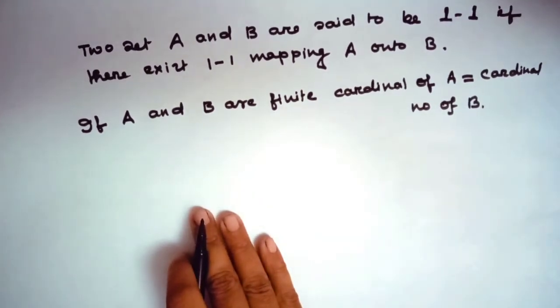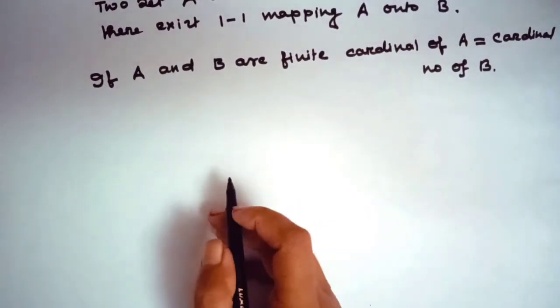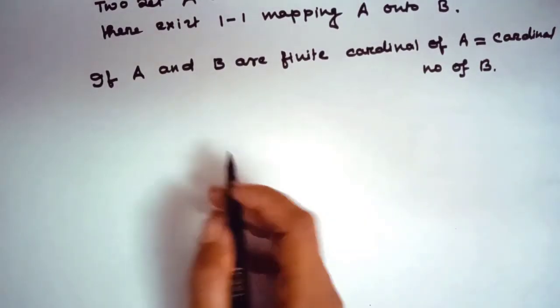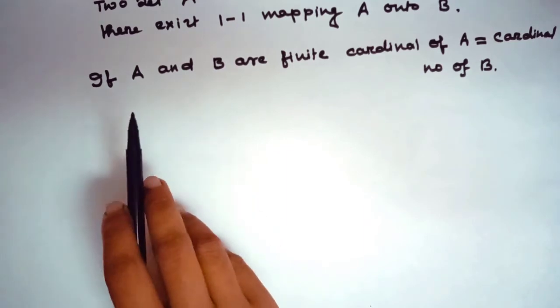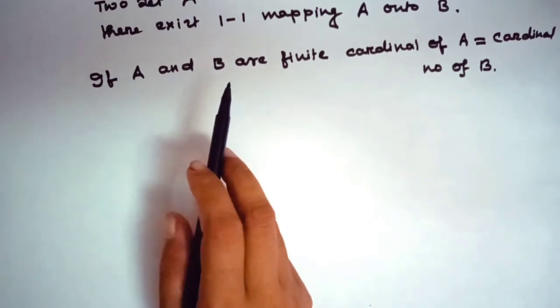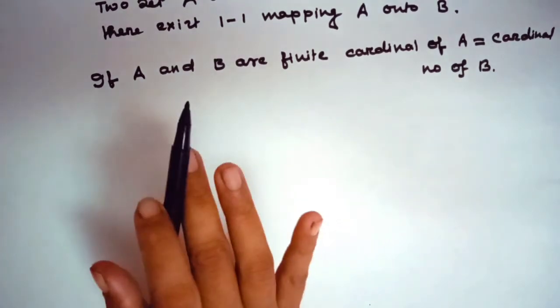I have introduced it in my previous video completely. But if A and B are infinite, then there is no sense in taking the number of elements.